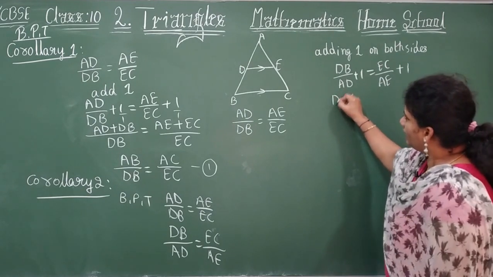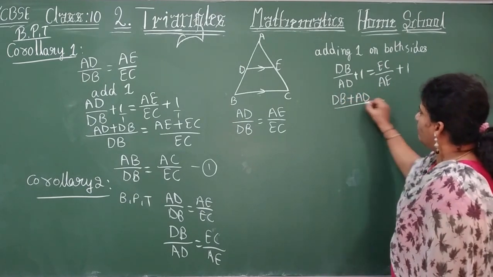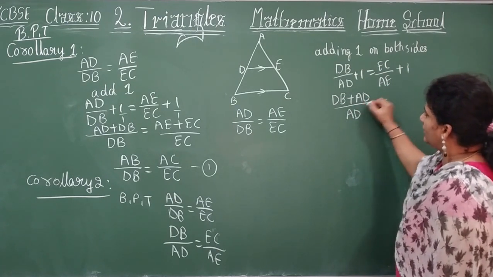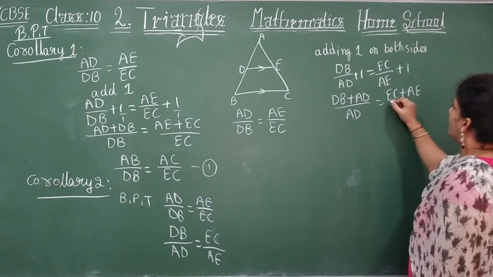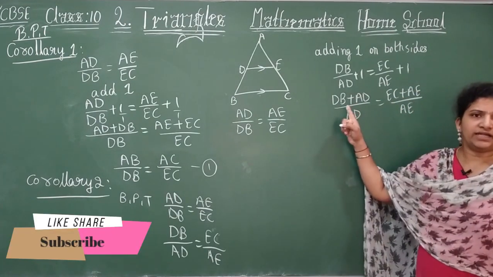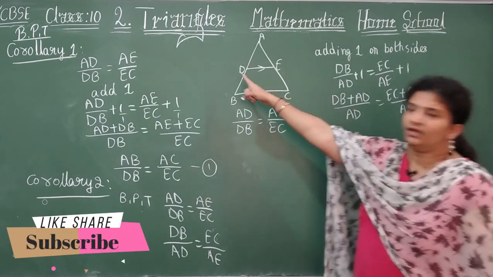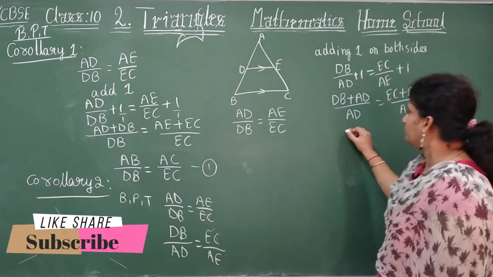What you are going to get? DB plus AD by AD is equal to EC plus AE by AE. Again observe here, what is DB plus AD? DB plus AD makes AB.